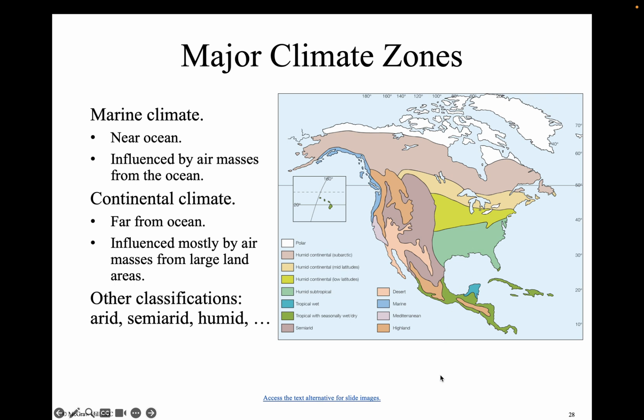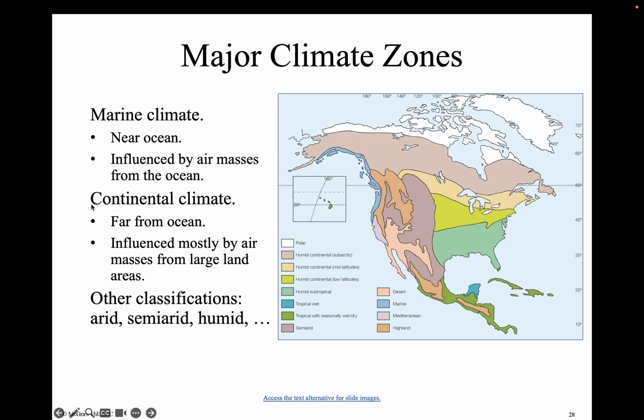But essentially we can divide the climate, and that is a rule of thumb for other countries as well, into the marine climate and the continental climate. The marine climate, as you can imagine, is the climate near the ocean, so that's influenced by the air masses coming from the ocean, such as we have here in North Carolina.